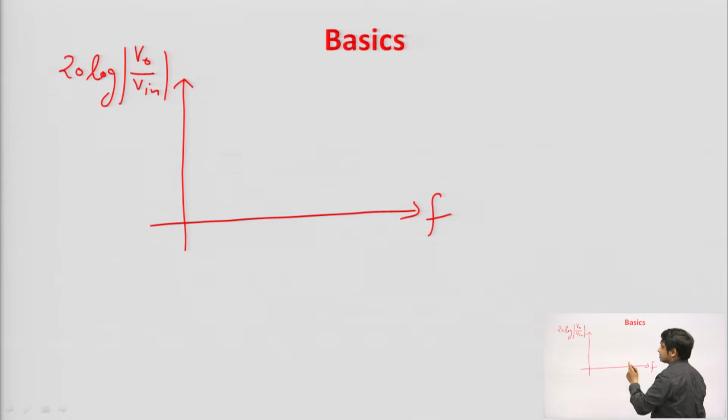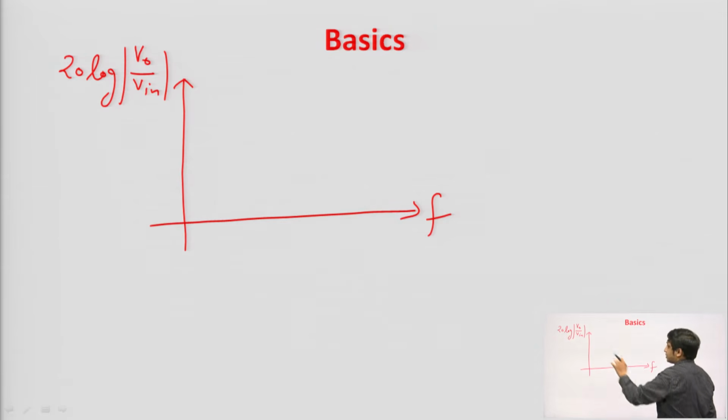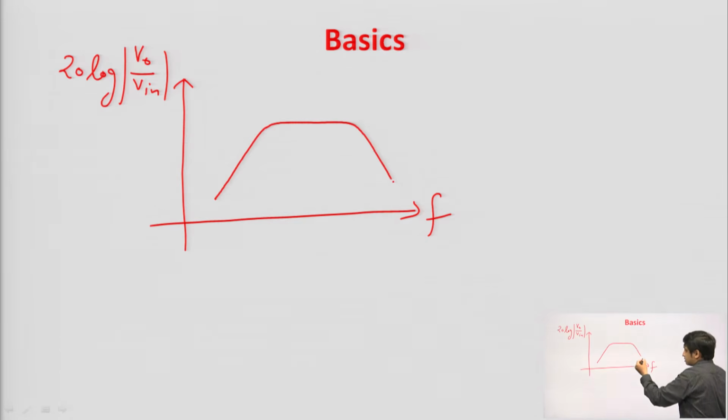V naught upon Vin is the voltage gain as a ratio, and to convert that ratio into dB, we take the log and multiply by 20. So, the frequency response is like this.